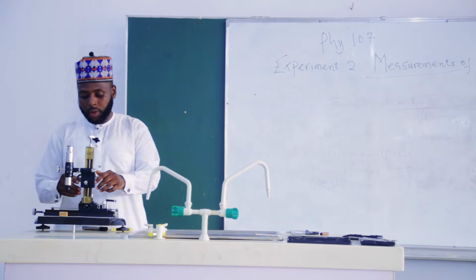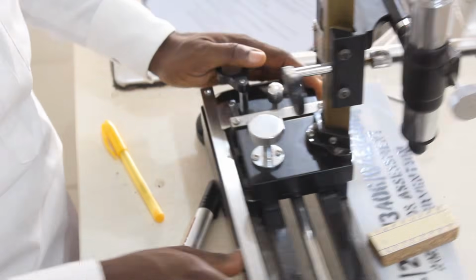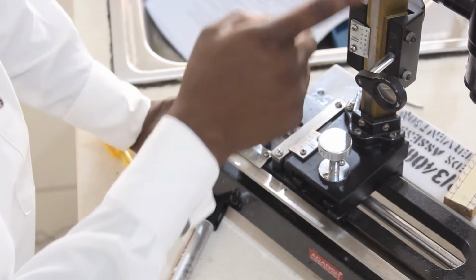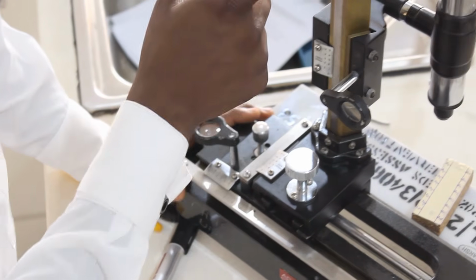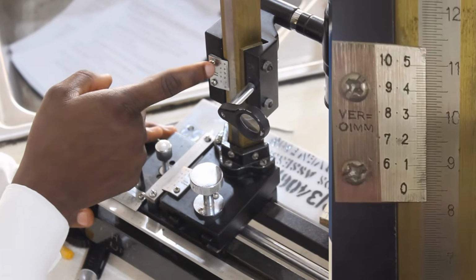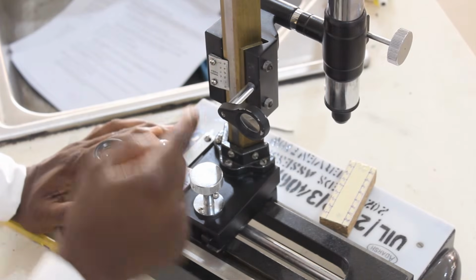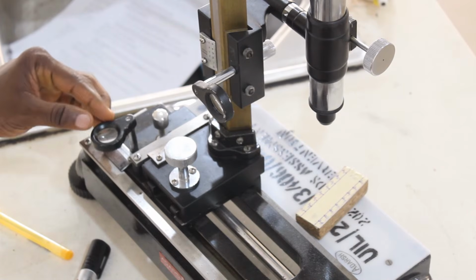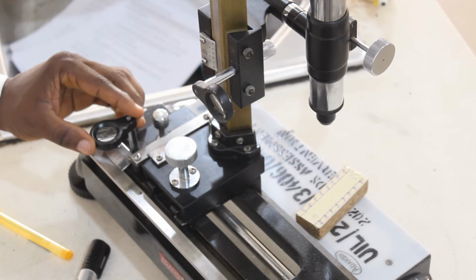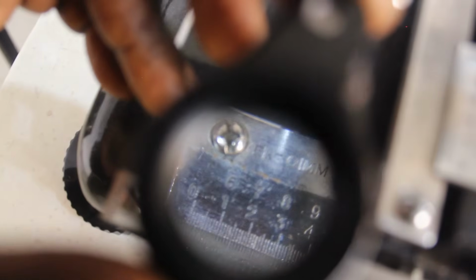Here we have another main scale reading along this line, and its corresponding vernier scale. These are magnifying lenses that allow us to easily pick our reading on the scales.